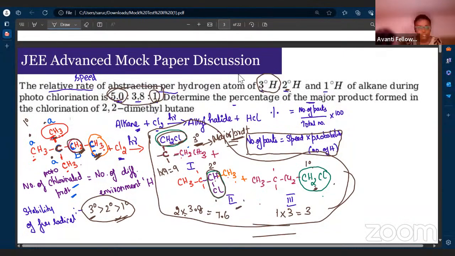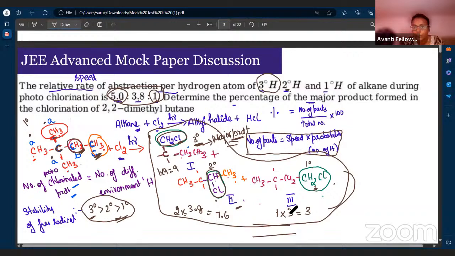Any doubt about calculating the number of parts? Are you all clear on the calculation?